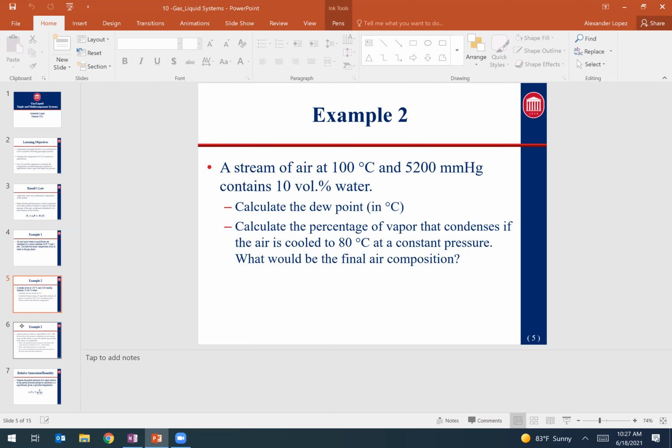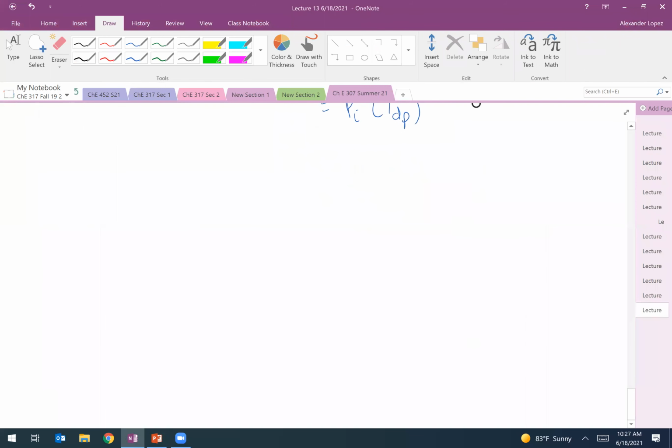What would be the final air composition? Let's look at this example together, and then we'll do one more in groups.